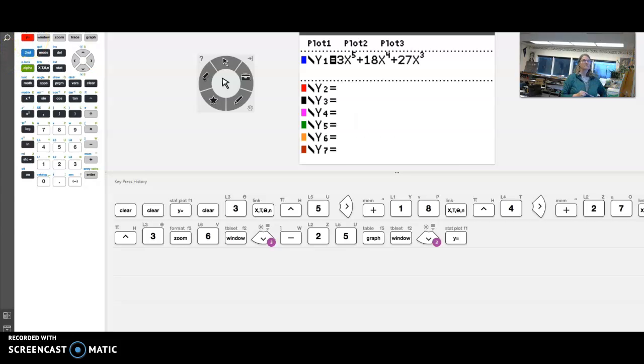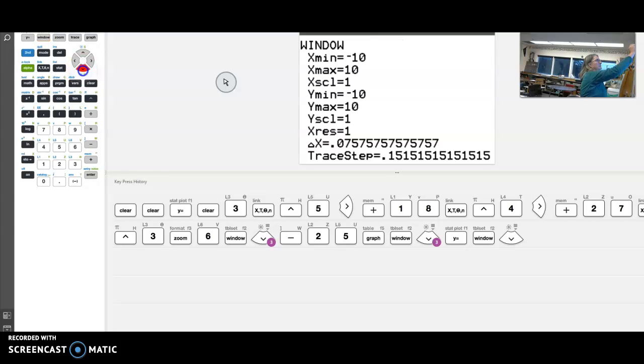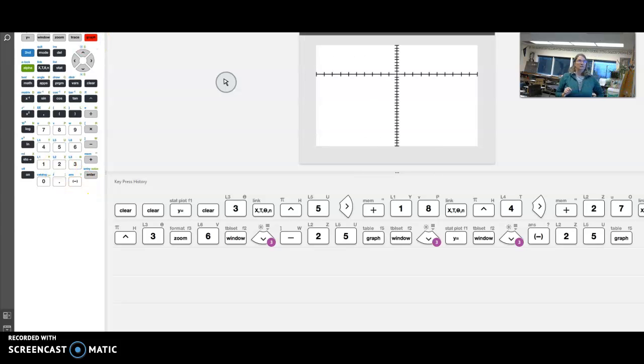I graphed the polynomial 3x to the 5th plus 18x to the 4th plus 27x cubed. And when I graph this, let me change my window here. I get a graph that looks like that.